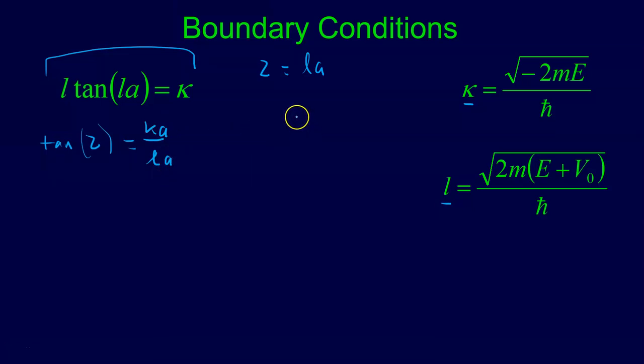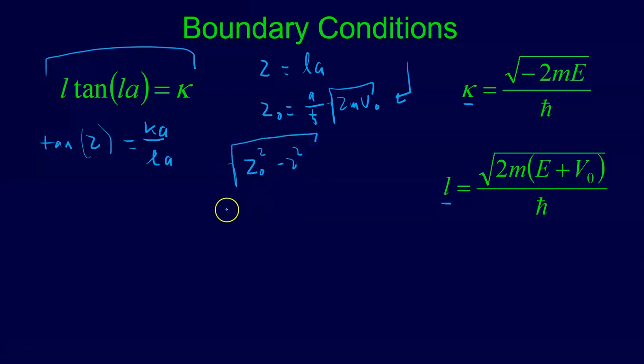And there's also a term that we'll define, z0 equals a over h bar times the square root of 2m0 V0. So this is essentially some constants that are characterized by the depth of that finite potential well. And then what we can show is that when we write everything out this way, I can write z0 squared minus z squared, the square root of that.